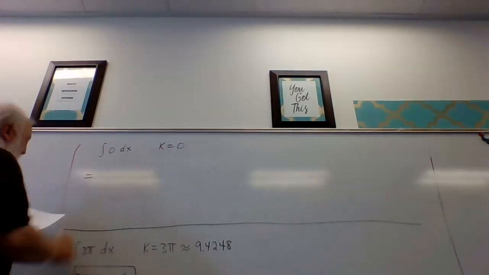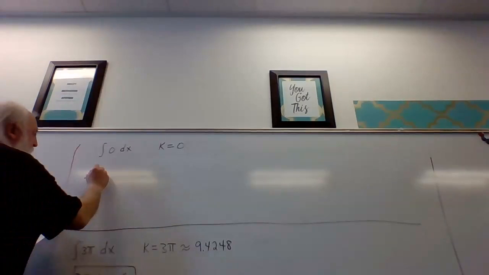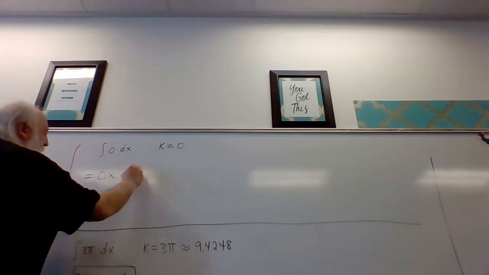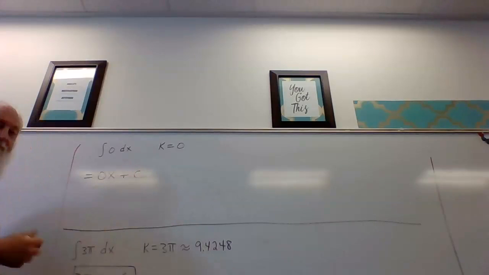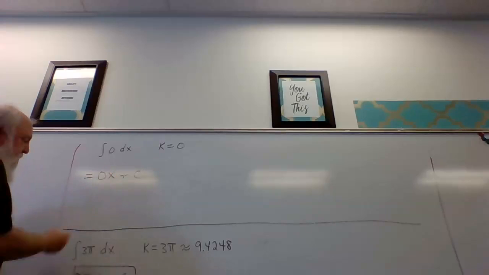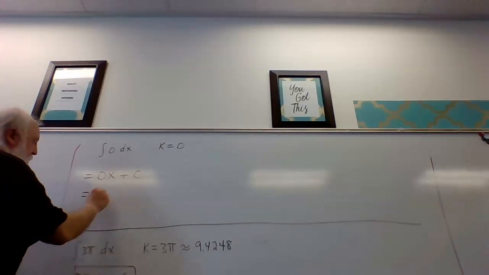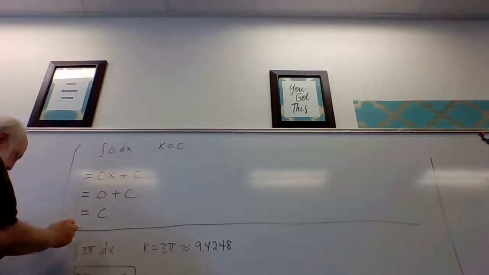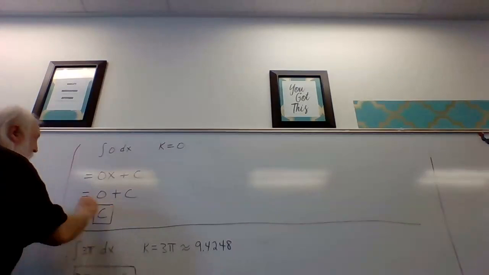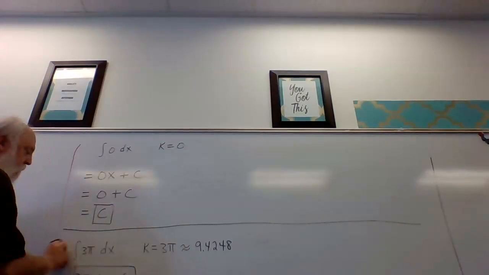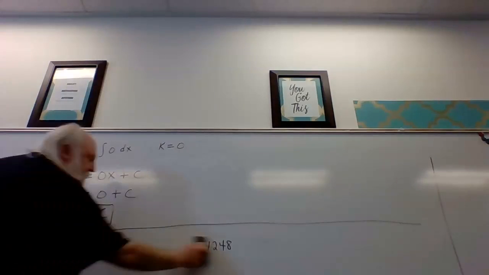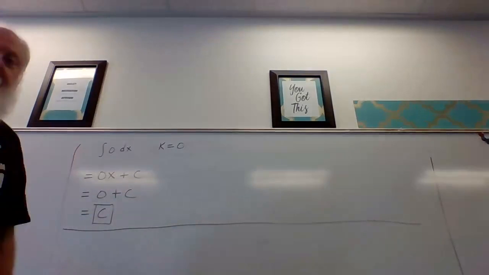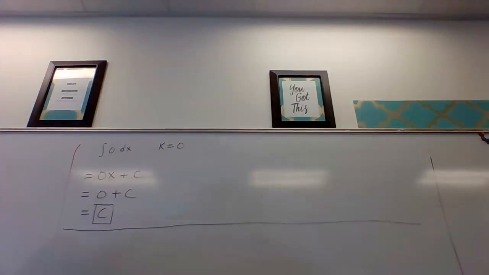And so the antiderivative of 0 with respect to x is just 0 times x plus c. Well, 0 times anything is just 0. And so this is just equal to c. So the antiderivative of 0 with respect to x is just equal to an arbitrary constant c, any constant c.